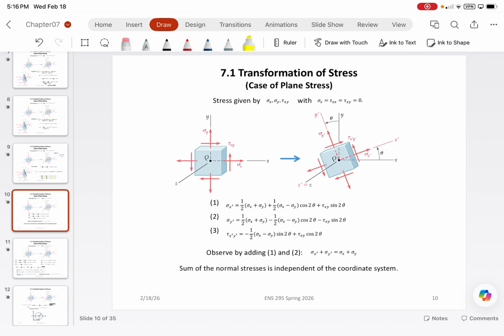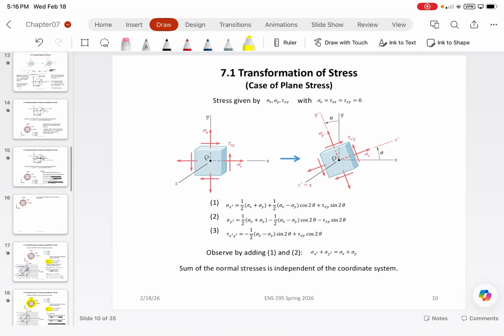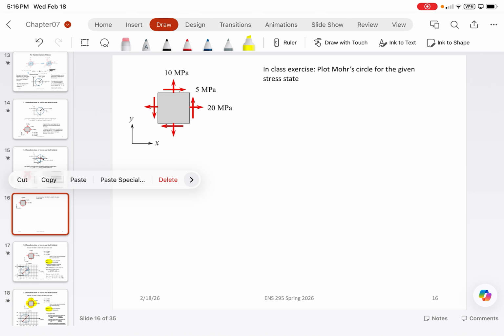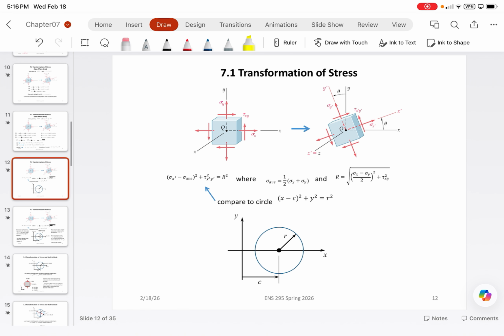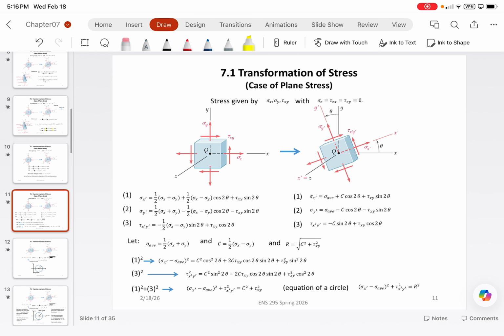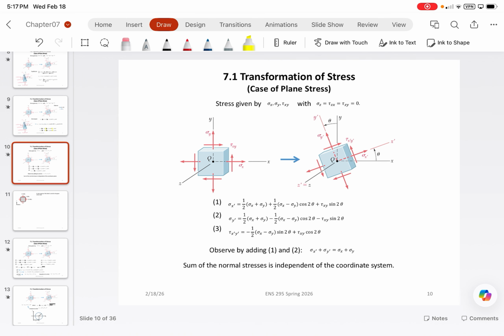All right, and that's basically just the equations. One of the things that I want to do here is right now just ignore that Mohr circle terminology, because I'll actually get to that in a second.